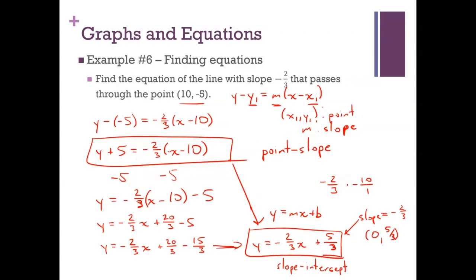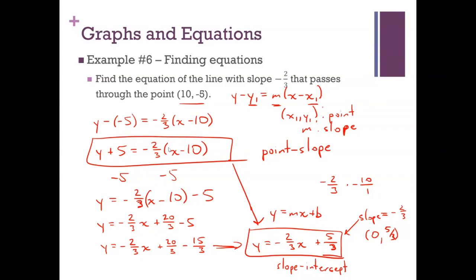We built this from scratch, but here's the information that's contained in here. There's a negative 2/3 multiplied by this x parentheses. That tells me the slope is negative 2/3. What are the 10 and 5 talking about?